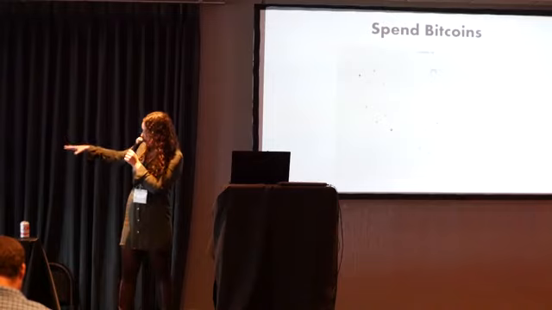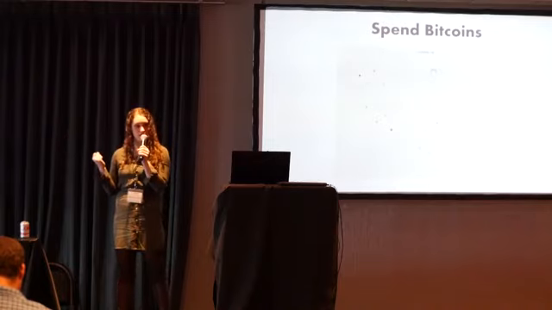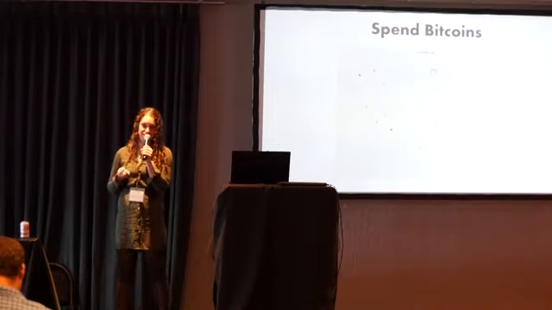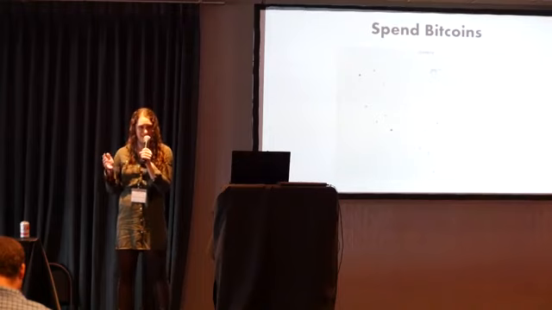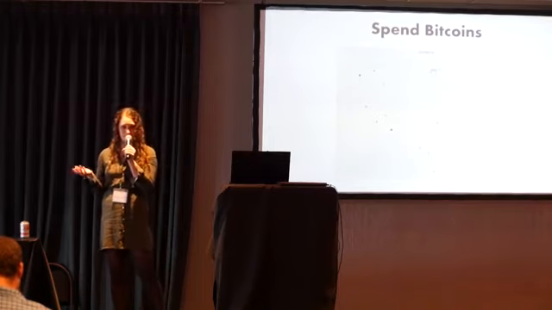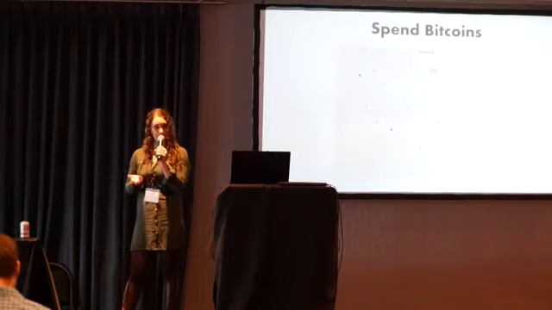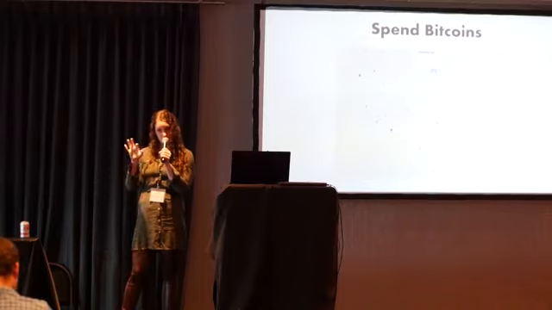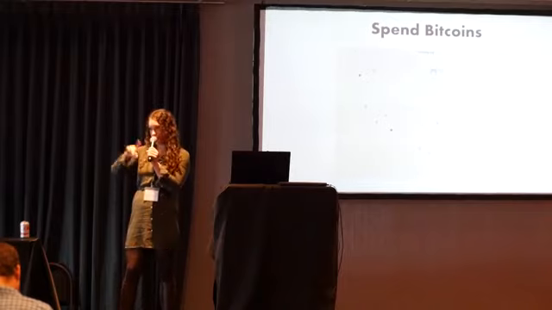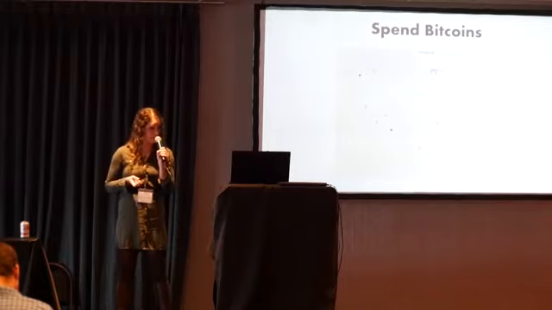This looks a little washed out here on the screen, but I took a screenshot from coinmap.org, which is a website that lists basically all the bricks and mortar businesses, all the physical businesses around the world, that accept Bitcoin. You can zoom in on your GPS location and see all the businesses around that accept Bitcoin.